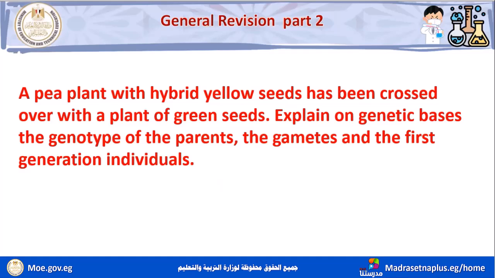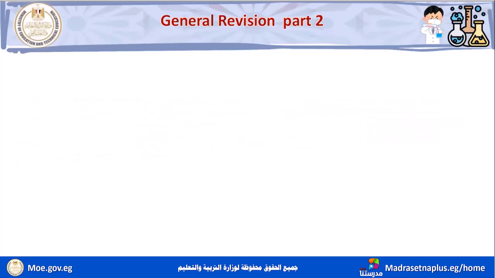Another question: a pea plant with hybrid yellow seeds has been crossed with a plant of green seeds. Explain on a genetic basis the genotype of the parents, the gametes, and the first generation individuals. Yy cross yy.